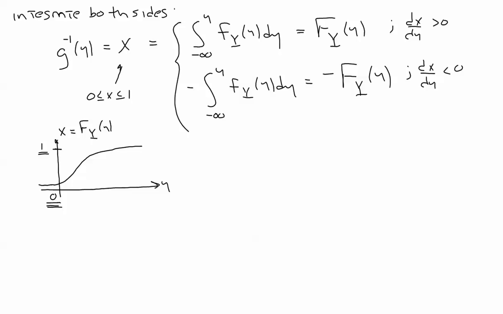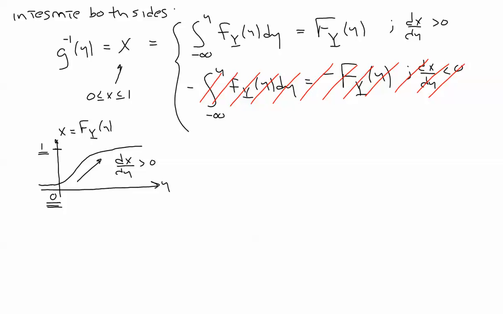Moreover, a proper cumulative distribution function is an always increasing function, meaning that dx/dy is positive. For that reason, there's simply no reason to look at the second part of the result inside of the curly braces. I can just ignore this part. It doesn't apply. The upper part of the result in the curly braces is my actual solution that I'm interested in.